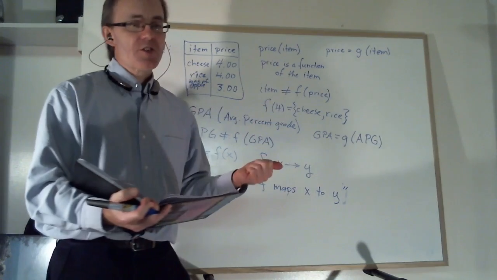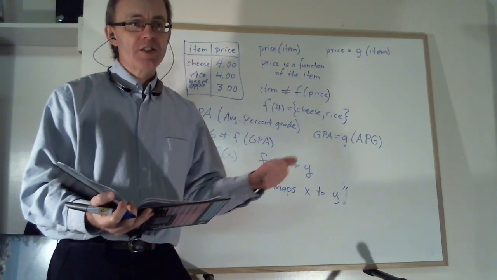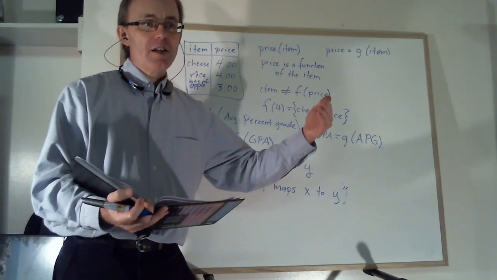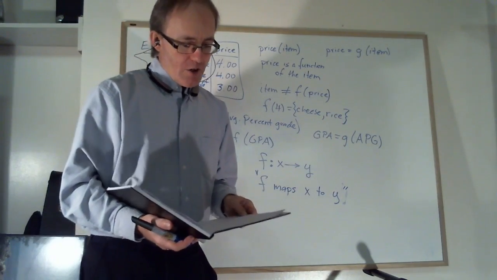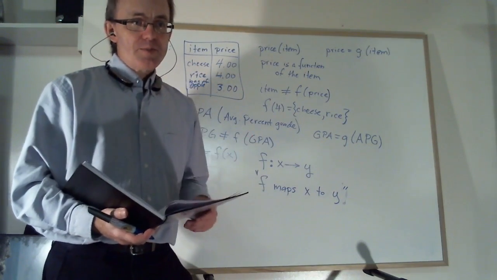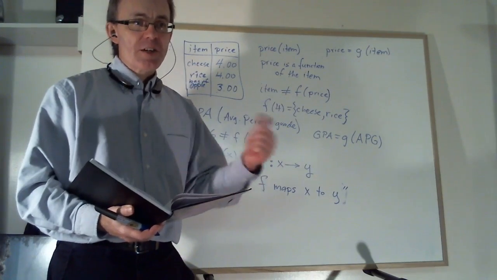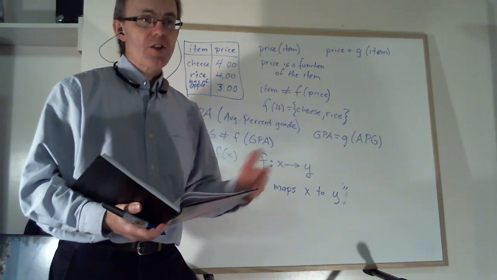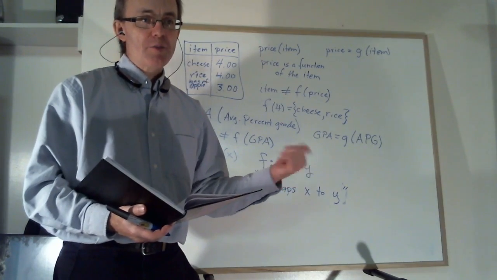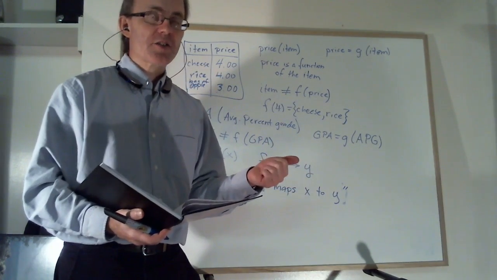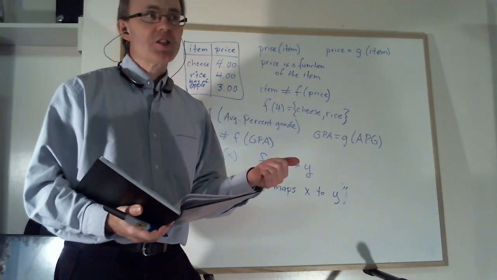And March has 31, April has 30, and so on. So each name has a unique number associated with it, whereas it's not true the other way. So each number might have several different names associated with it. 30 days is April, June, and November, right?